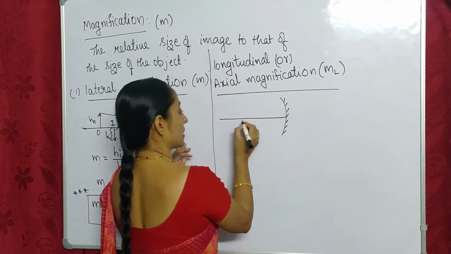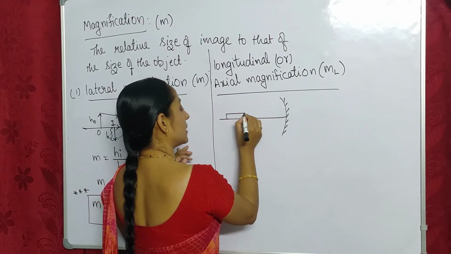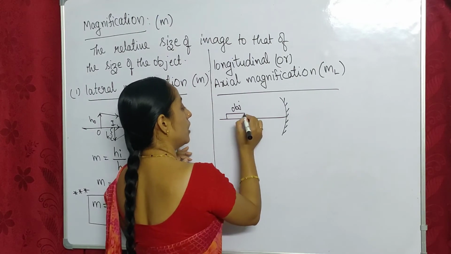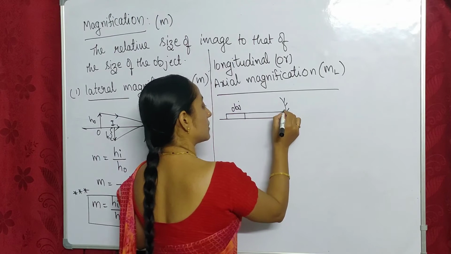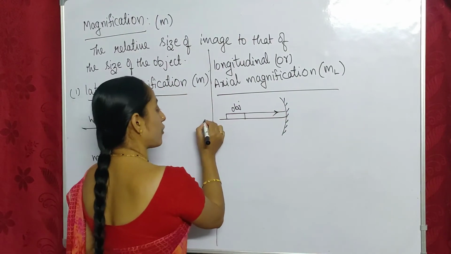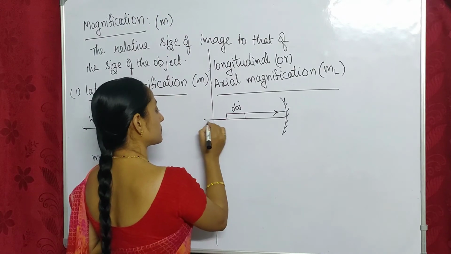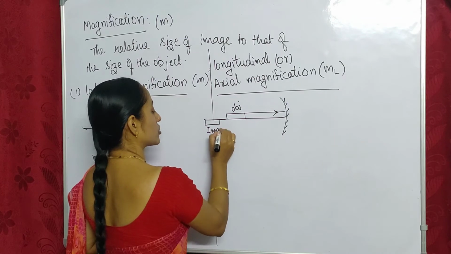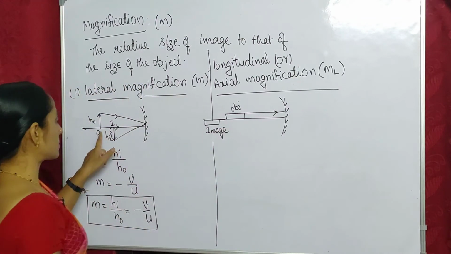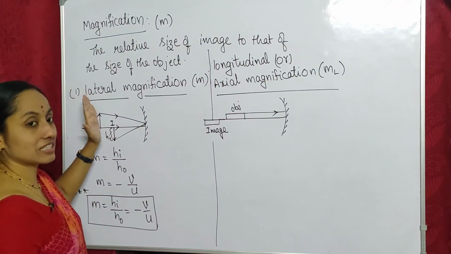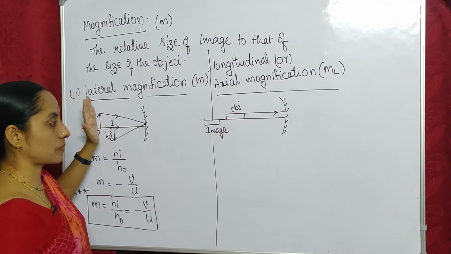I'll show you diagrammatically. For example, somewhere here this is the object placed. From here the light rays will travel towards the mirror. Now the image will be formed somewhere here. Let us consider the image is formed somewhere here. So this is the image. Now you can observe the difference between this object and this object. Here the object is lengthwise perpendicular to the principal axis.